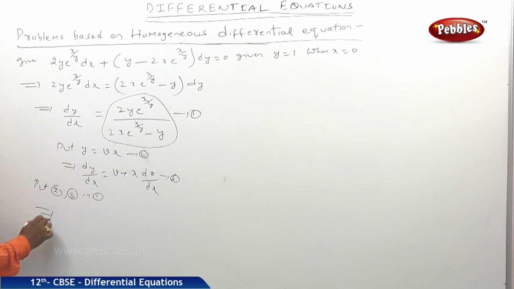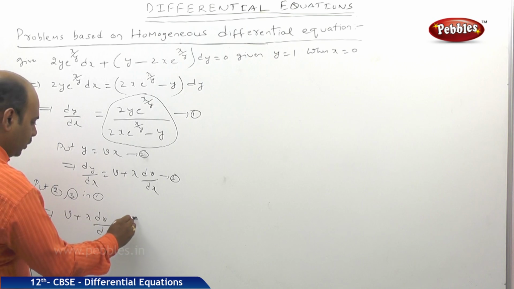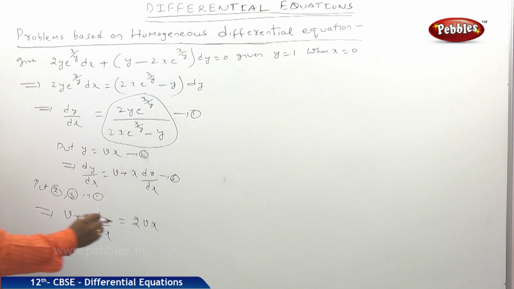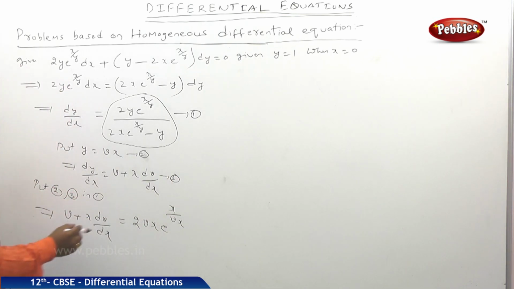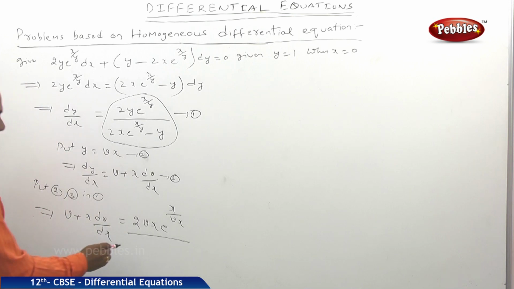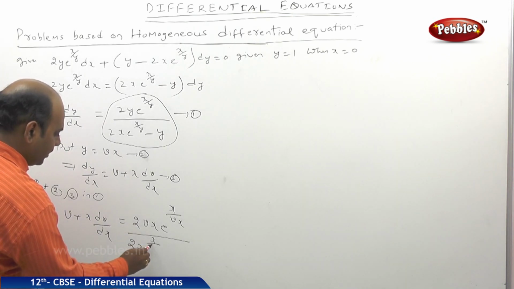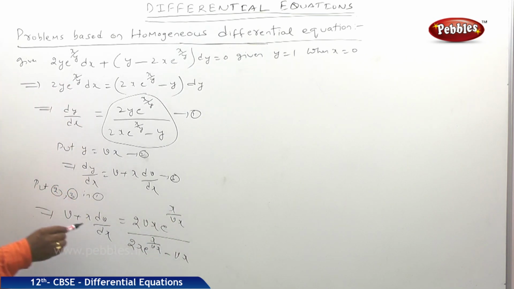If I put 2 comma 3 in 1, what happens? v plus x into dv by dx is equal to, in place of y, vx. So 2vx e power x by vx whole divided by 2x e power x by vx minus vx.